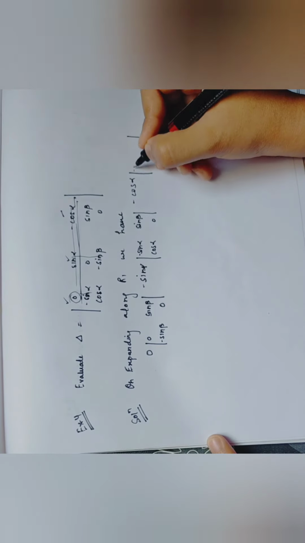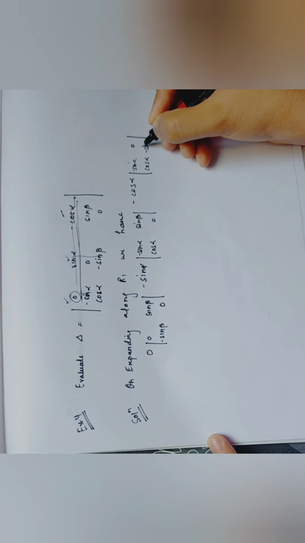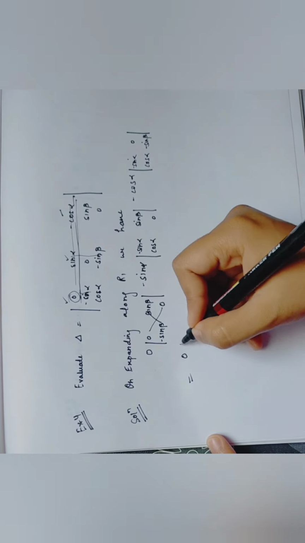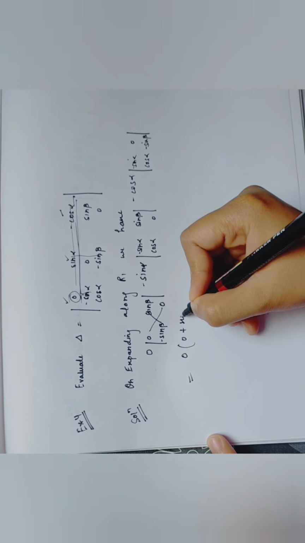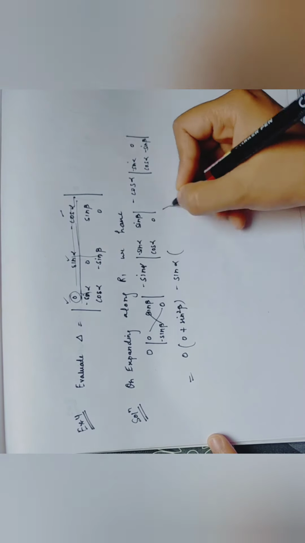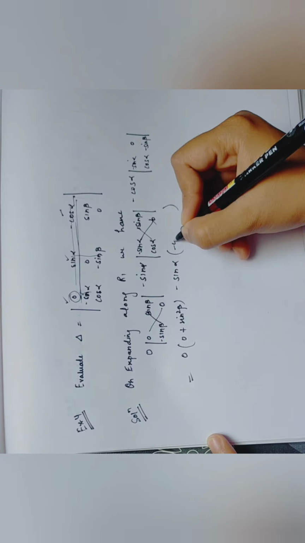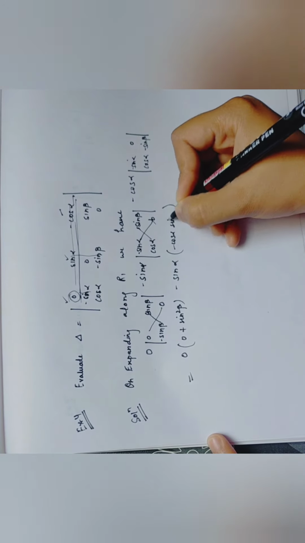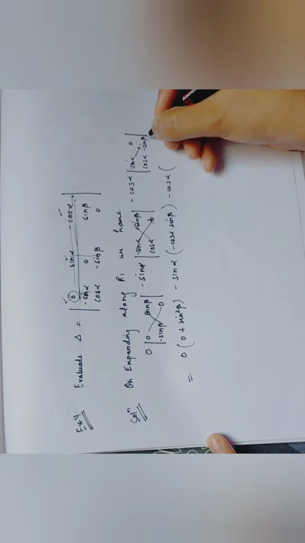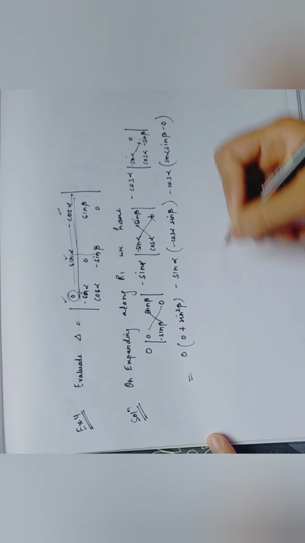So minus sin alpha, cos alpha, 0, minus sin beta. Now I know how to operate. 0 plus sin square beta, minus sin alpha into 0, with minus sign cos alpha sin beta minus cos alpha, this into this, plus sin alpha sin beta minus 0.